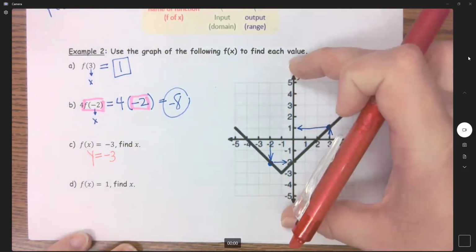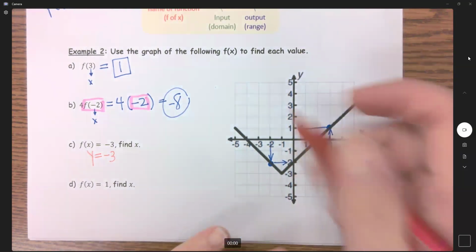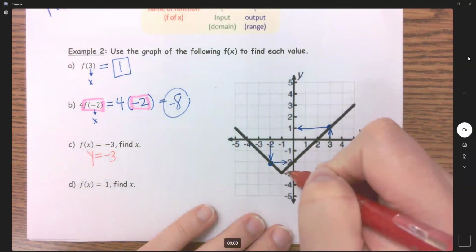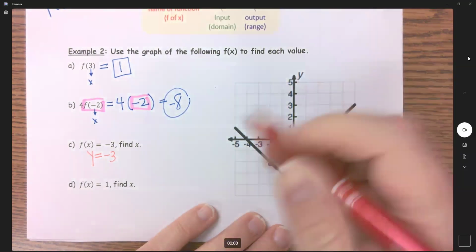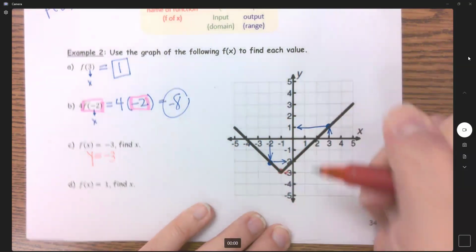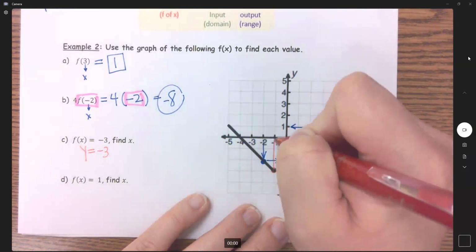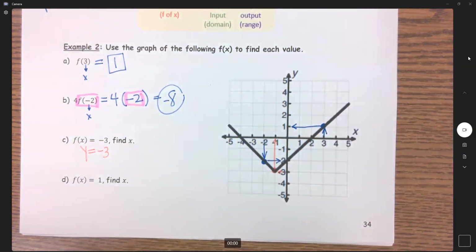So I'm going to start on my y-axis this time. When my y is at negative 3, this time I have no graph to the left. So I'm going to go to the right, or I have no graph on the right. I'm going to go to the left. What is that y value or that x value? My x value is at negative 1.